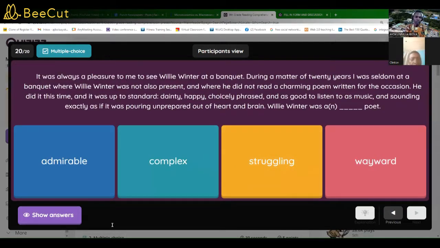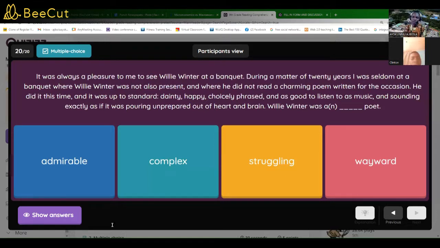It was always a pleasure to me to see Willie Winter at a banquet. During a matter of 20 years, I was seldom at a banquet where Willie Winter was not also present. And where did he not read a charming poem written for the occasion?